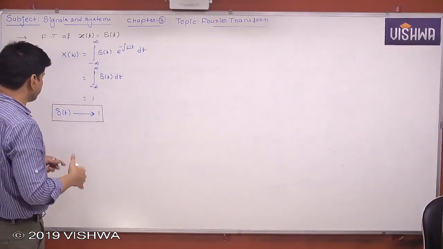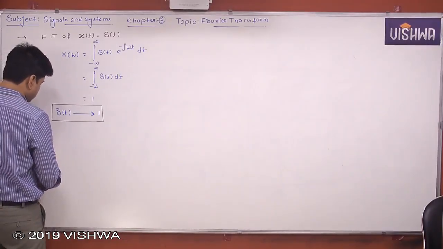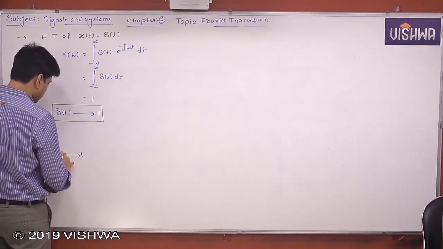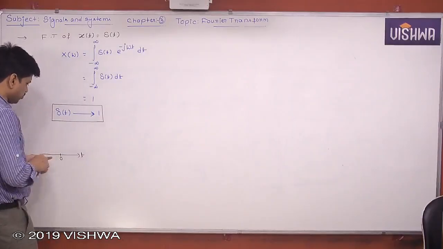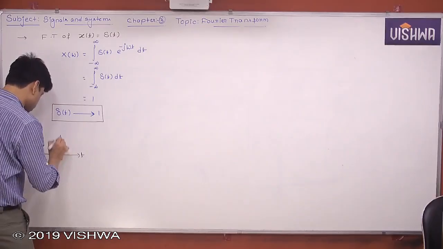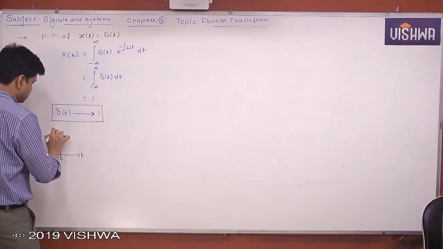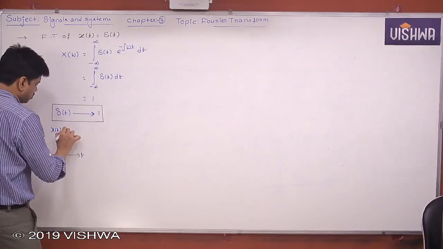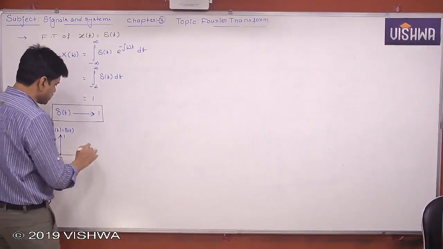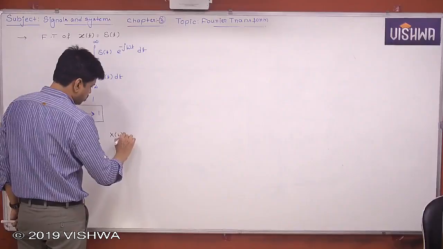If I draw this spectrum, delta t, which is x of t, exists at 0. For this function, what is the Fourier transform X of omega? We got 1.